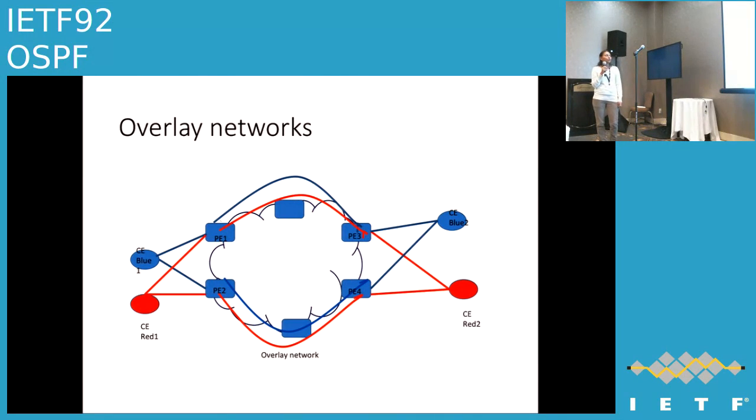If P1 is going for maintenance, P1 can inform CE Blue 1 that it's going for maintenance, and then move the traffic away from P1 towards P2. But a similar facility is not available for CE Blue 2. There's no way to inform CE Blue 2 that P1 is going for maintenance, so CE Blue 2 will continue to send the traffic over the same link. So it's not easy to move the traffic from the remote end to another link.